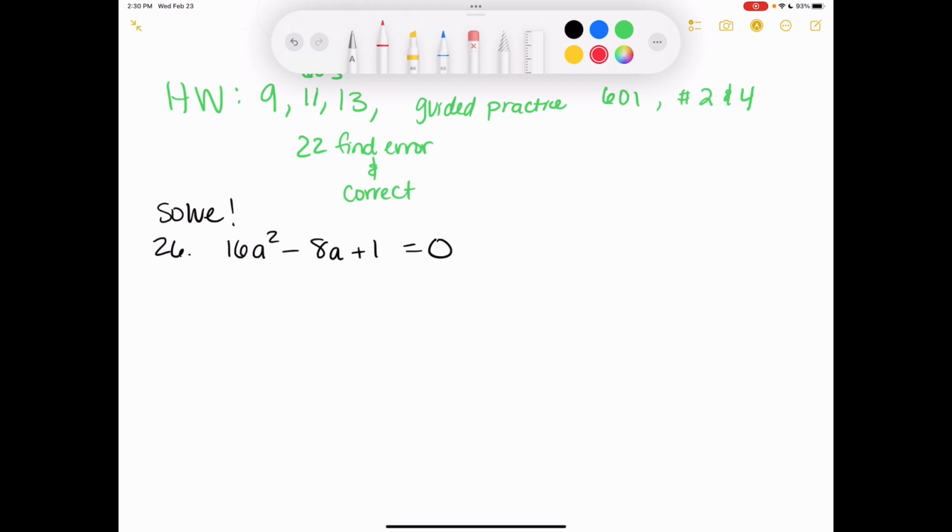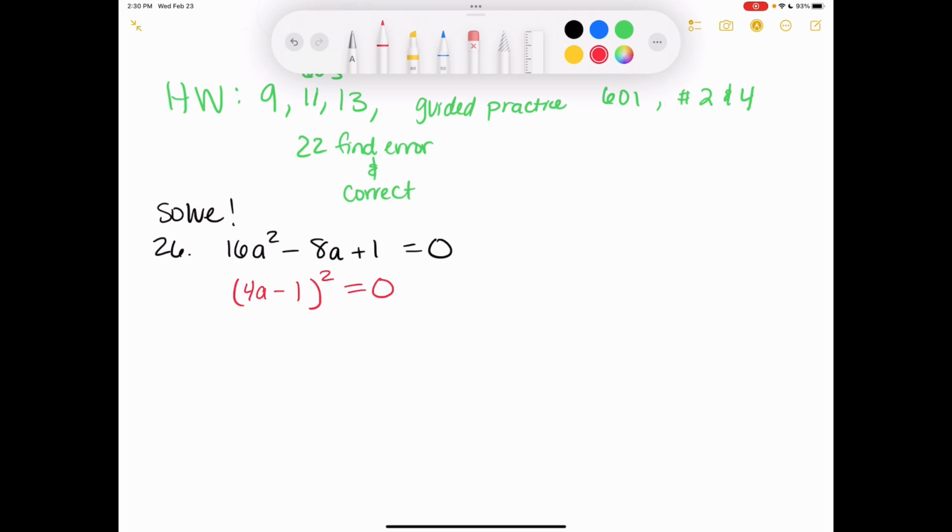Is it a difference of squares or a perfect square trinomial? It's a perfect square trinomial, so what does that factor into? Yep, 4a minus 1 squared, because it's a perfect square trinomial, equal to 0.